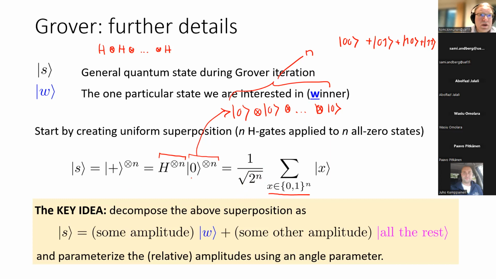So that's what Hadamard does, as we know: it creates equal superposition over the possible states here. The flat histogram, if you prefer.